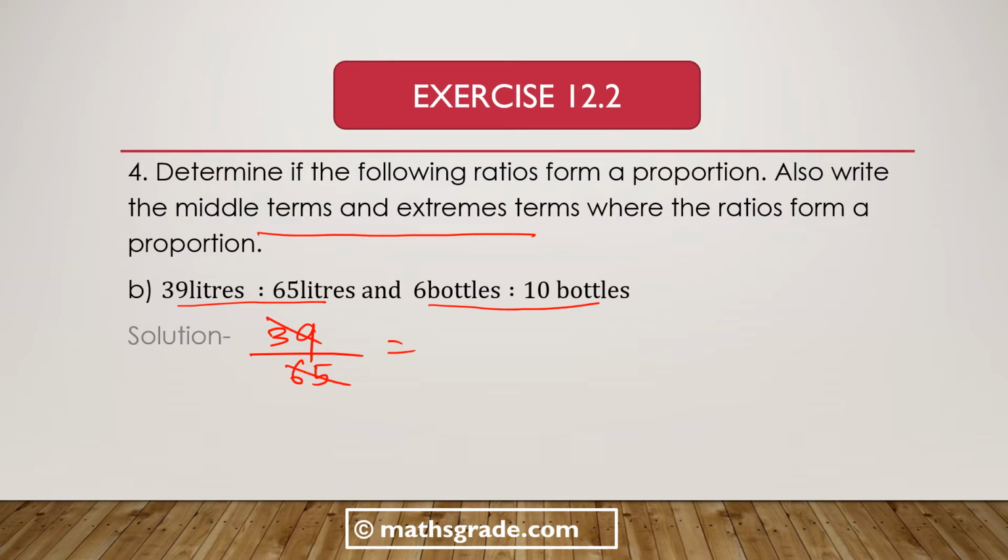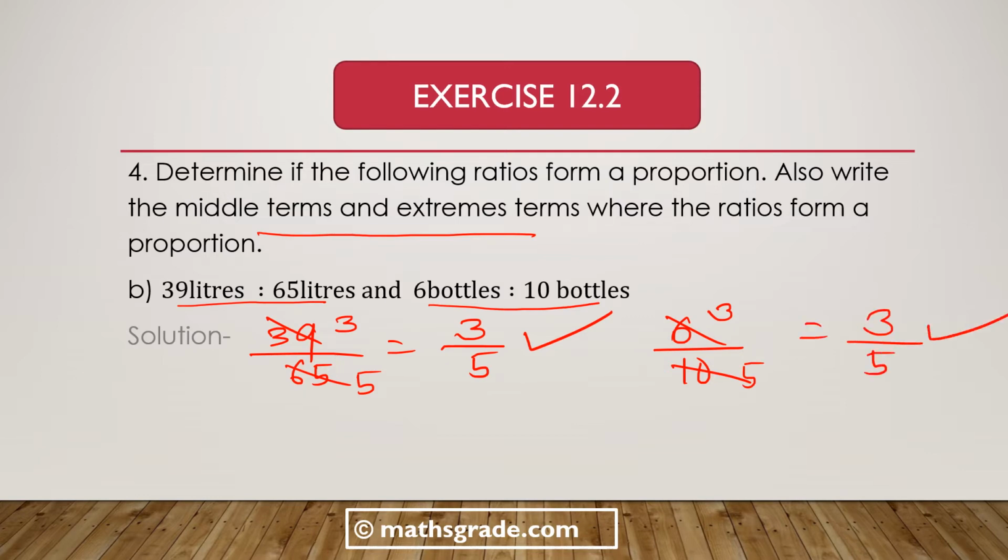So 39 divided by 13 is 3 and 65 divided by 13 is 5, so 3 divided by 5. And 6 bottles divided by 10 bottles is, dividing 6 with 2 is 3 and dividing 10 with 2 is 5, 3 divided by 5. Both the ratios are equal, so these ratios form a proportion.